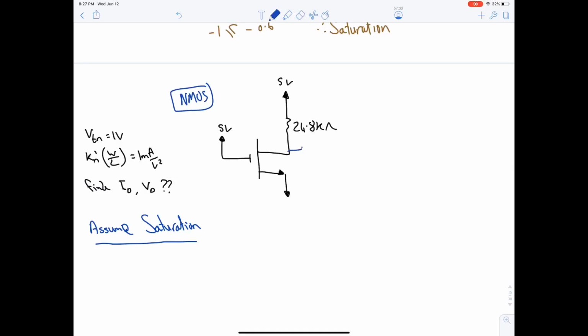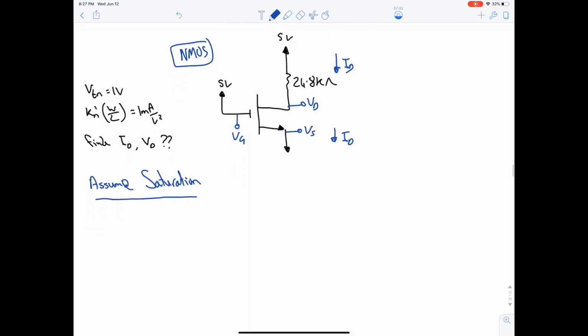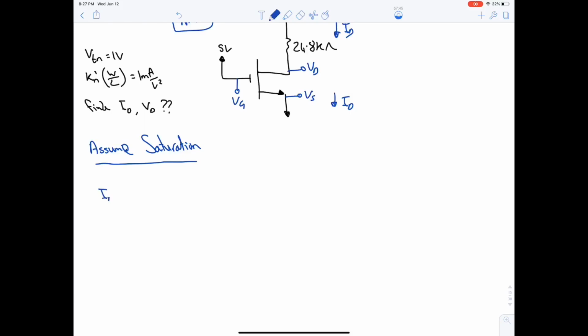This is VD, VS, and VG. After assuming saturation, we will say that ID is equal to half mu N Cox W over L VOV squared. Half Kn prime W over L is 1 milli.